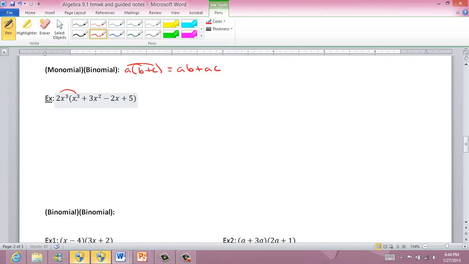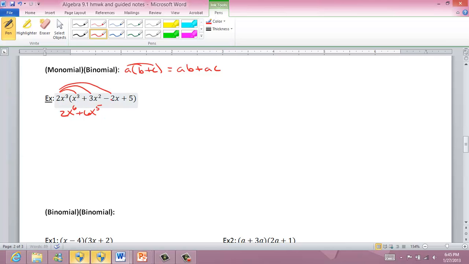So here, I would have 2x to the third times x to the third, which gives me 2 times 1 is 2, and x to the third times x to the third is x to the sixth. Next one, 2 times 3 is 6. Since it's positive, we add it. x to the third times x to the second is x to the fifth.